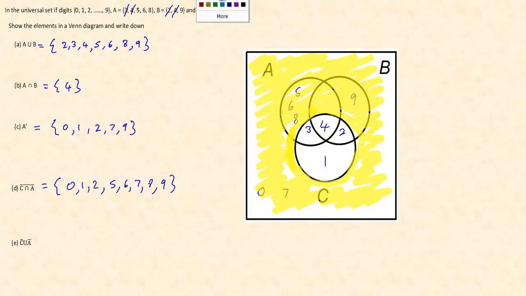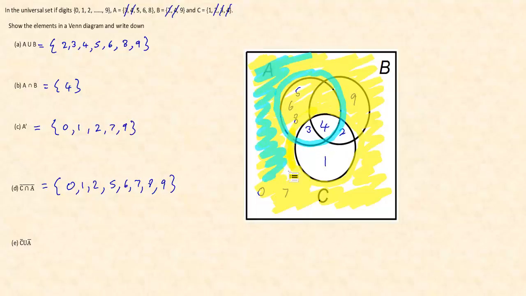Then change the colour of our shading. So let's make it a blue or something. And then we're going to shade not A. So what we need to do is go around A, and then we'll shade everything that isn't A. Now this is a union, so we take everything that's shaded, whether it's shaded once or twice.